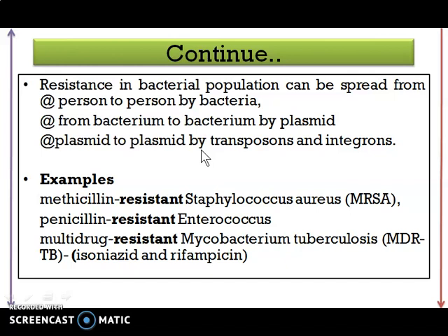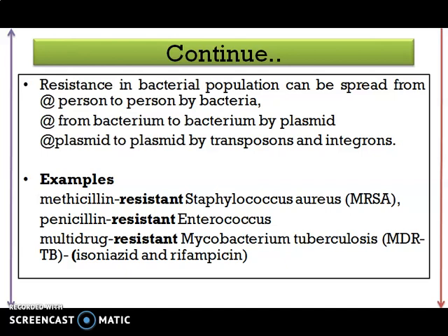Next, how can resistance in a bacterial population be explained? One point is transfer from individual to individual, from bacterium to bacterium, like through a plasmid. A plasmid is a genetic structure, a small circular DNA strand.